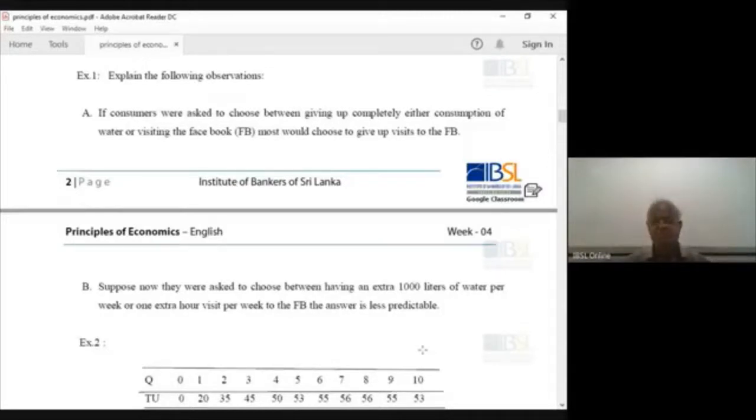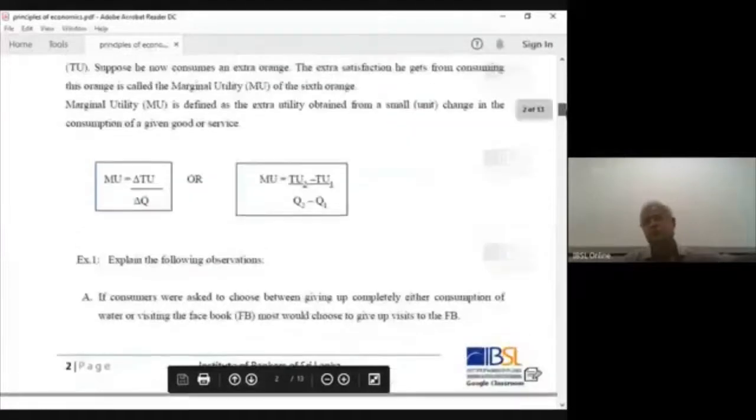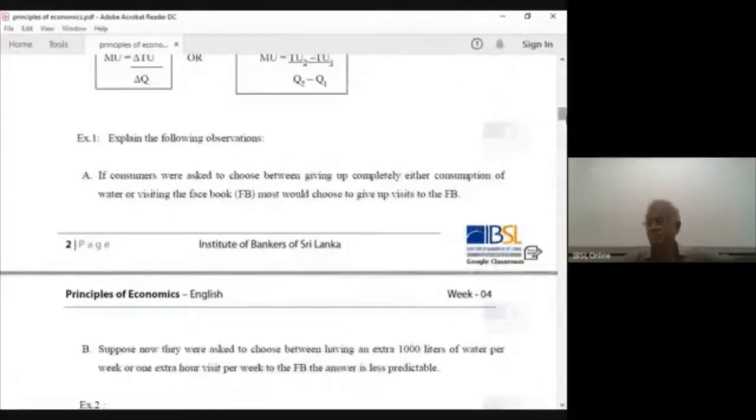Another consumer might say, I will take the extra 1,000 liters of water. Different answers. But the first one is definitely clear. Almost all consumers say we will stop visiting FB because water is very important. Now we have to explain why.